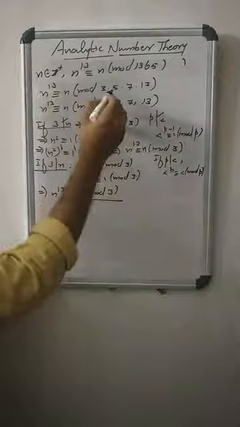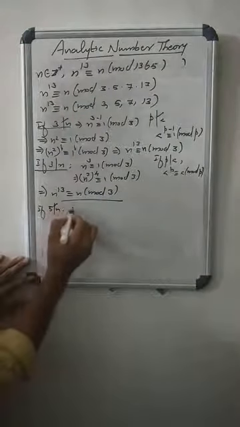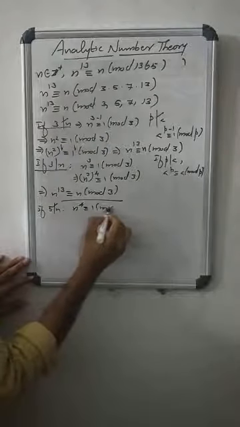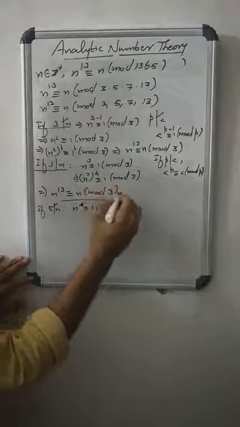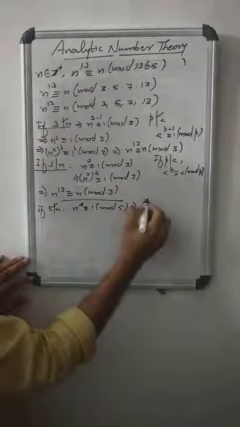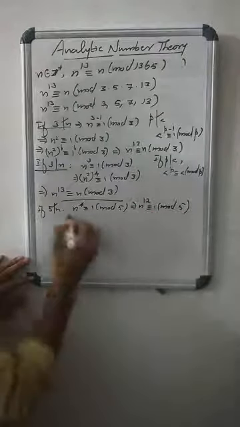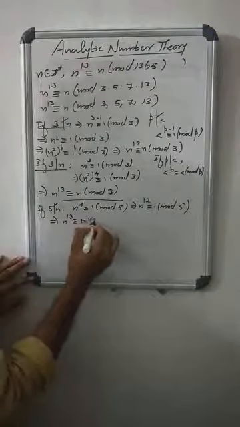Similarly, now you consider 5. If 5 does not divide n, surely n power 5 minus 1, which means n power 4, is congruent to 1 mod 5. Means n power 4 whole cube, that is n power 12, is congruent to 1 mod 5. Means n power 13 is congruent to n mod 5.